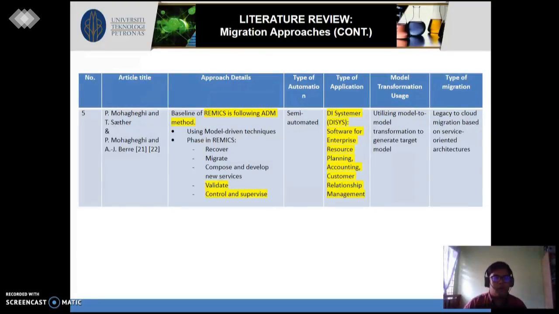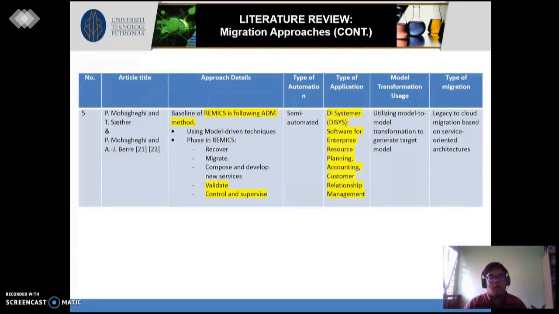The first phases are recover, migrate, compose and development, reservice, and then they validate, control and supervise. So they are extending the ADM framework to include validate, control and supervise.